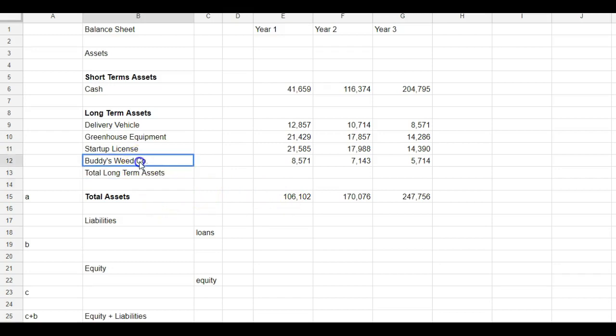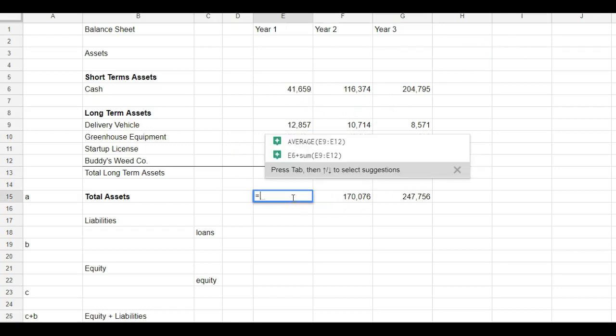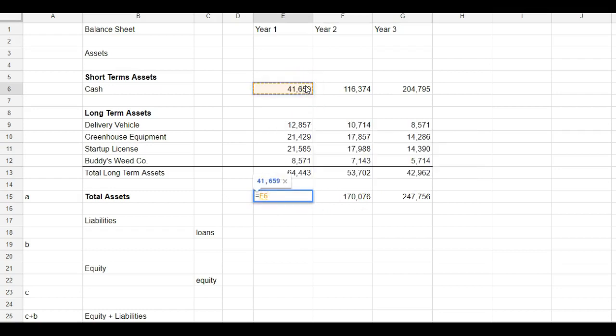Make this prettier. Let's put a line under that. We'll do a sum of these guys. And then the total assets can be the short-term assets plus the long-term assets. Oh, look, it's the same number. All right, there we go. And we'll do total long-term assets, bold.